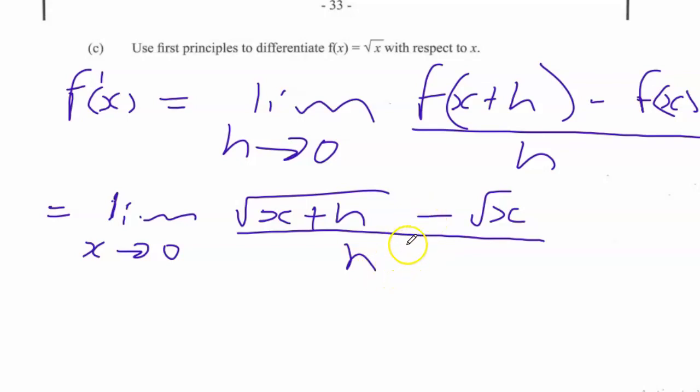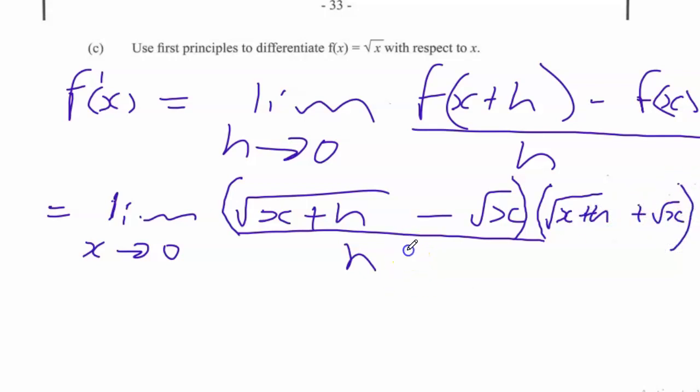Alright, so we can try and multiply numerator and denominator by the conjugate of the numerator. So the conjugate will be root x plus h plus root x. Multiply the denominator by the same thing, root x plus h plus root x.